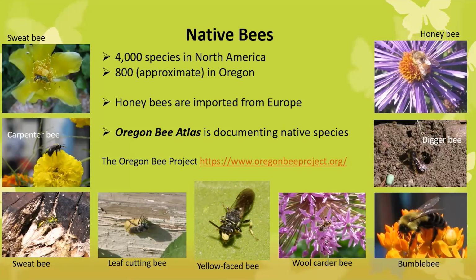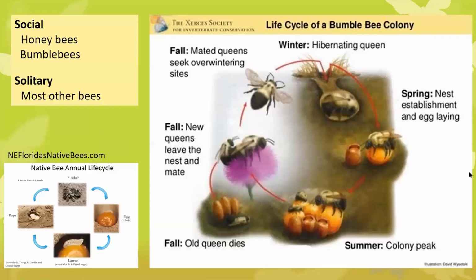It's an initiative led by Oregon State University, and it's part of the Oregon Bee Project that involves OSU and departments of agriculture and forestry. They have an excellent website, so if you're interested in bees, you might want to check it out. And they have a lot of good resources for homeowners, landscapers, different situations.